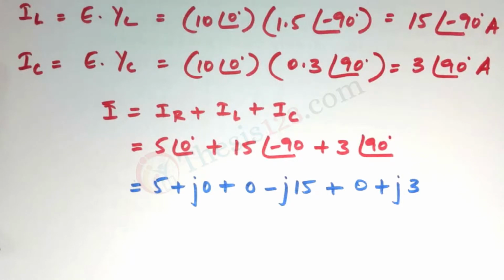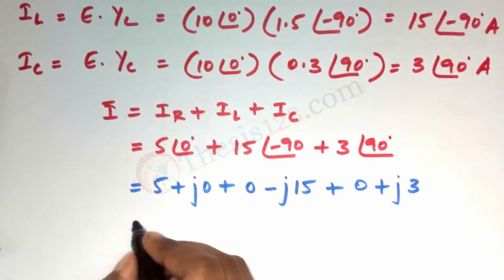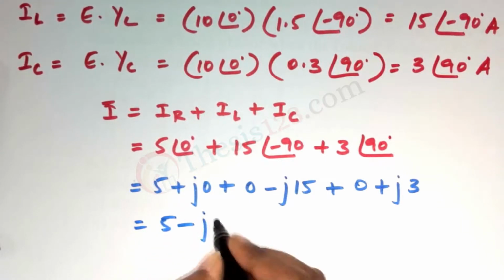I hope this is clear so far. Now we add everything up and this will give us a value of 5 minus j12.